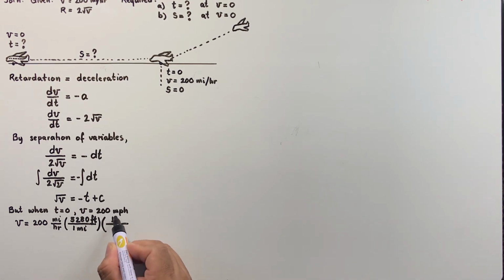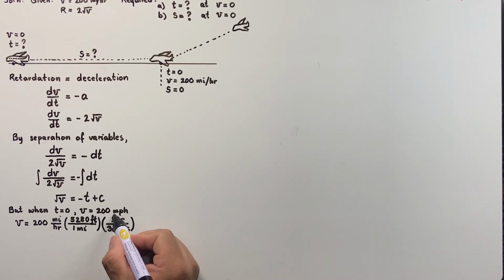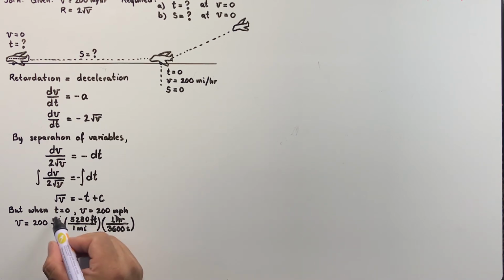And we know that 1 hour is composed of 60 minutes, but every minute has 60 seconds. So all in all, there are 3,600 seconds. So the hour here will be cancelled. The miles here will be cancelled. Therefore, our velocity is equal to 880 over 3 feet per second.